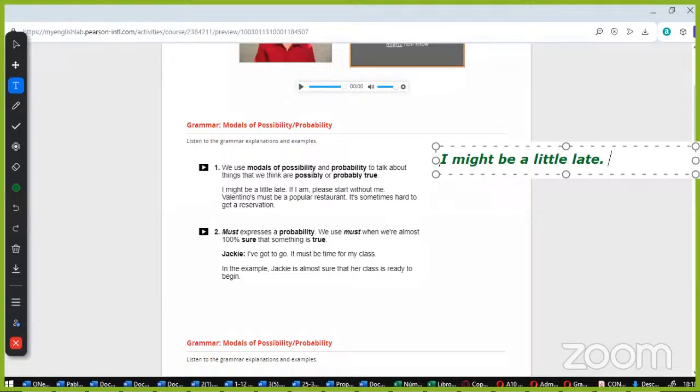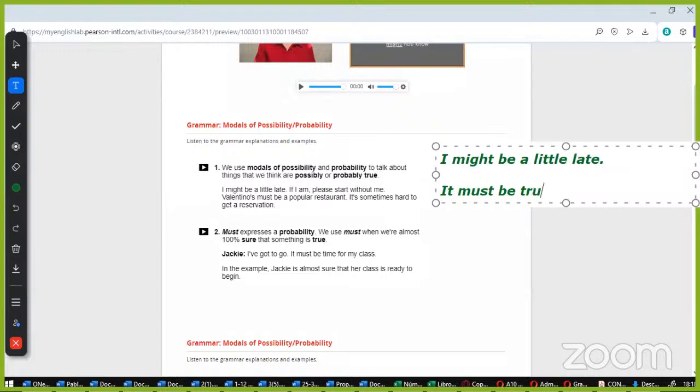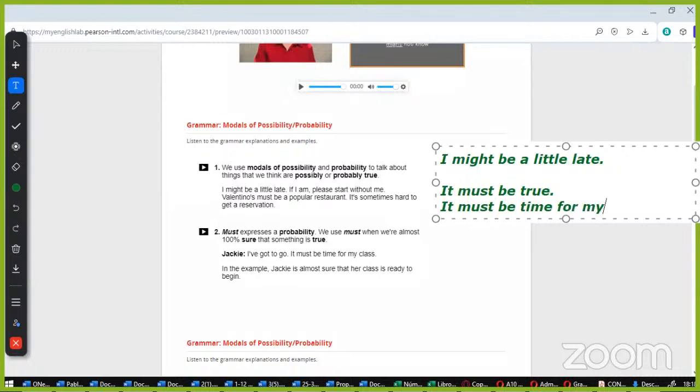That's a possibility. And then we have also must, that expresses something is almost true. It must be true. It must be time for my class.